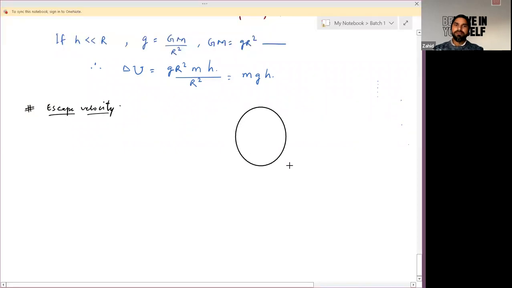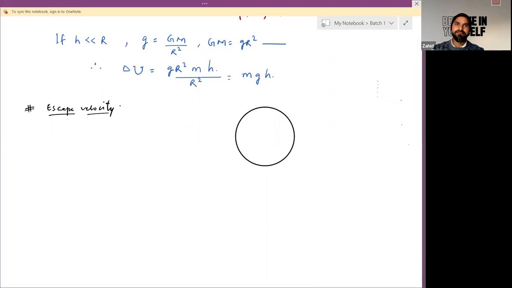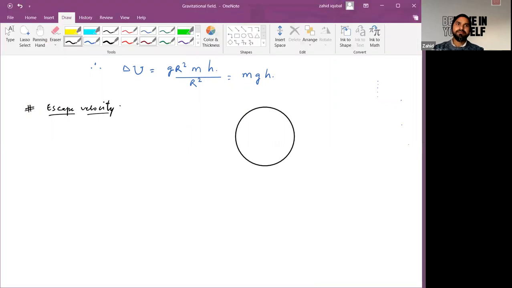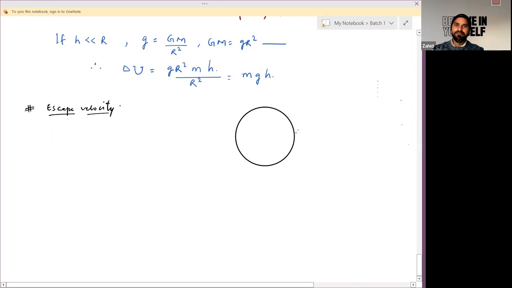Suppose a body is on the surface of Earth. At this point, due to its interaction with the surface of Earth, it may have some potential energy.